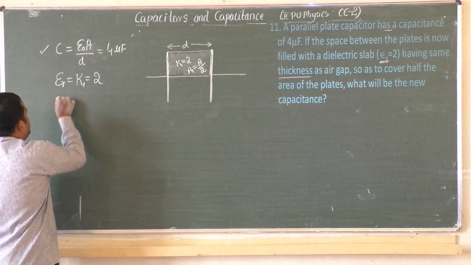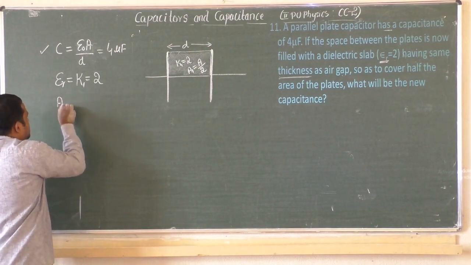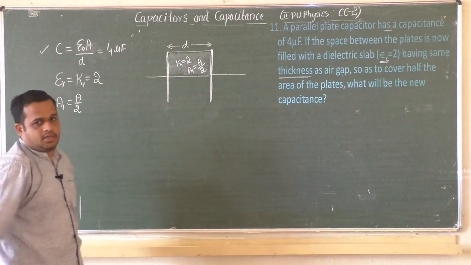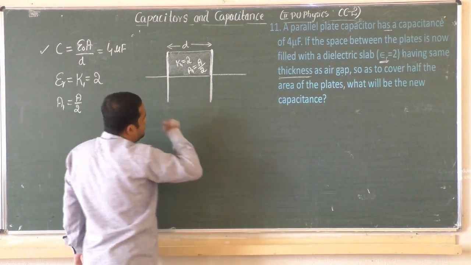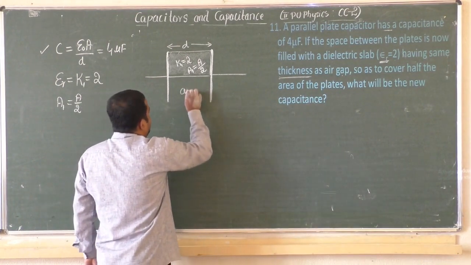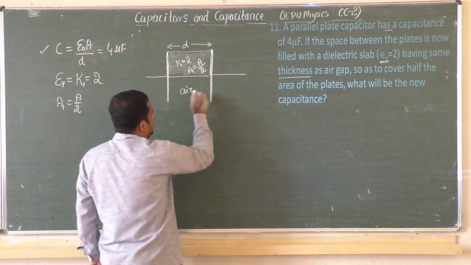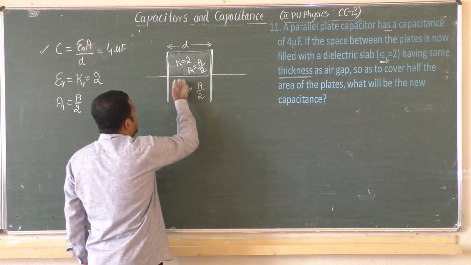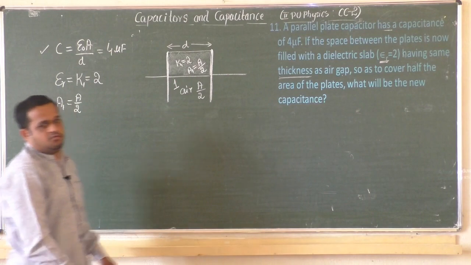So this particular dielectric medium covers half of the area, therefore A divided by 2. Now what about the remaining part? Nothing is mentioned in the problem. That means here air remains here. Area of this region is equal to A by 2. We know that dielectric constant of air is equal to 1.